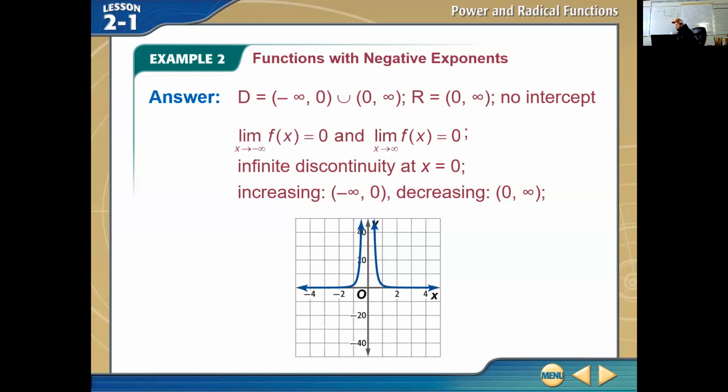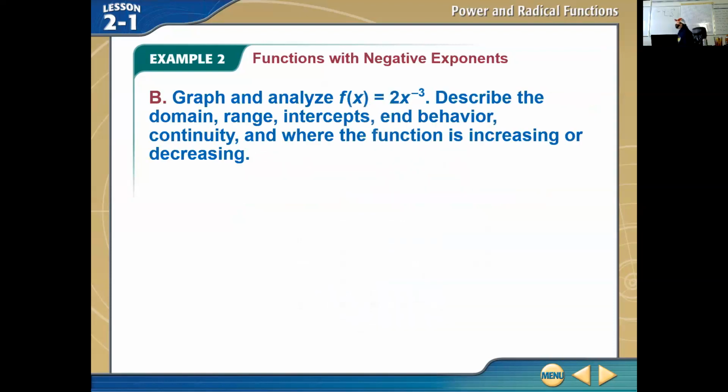Give you a little cheat sheet to make it easy on you. Okay, off to the next one.